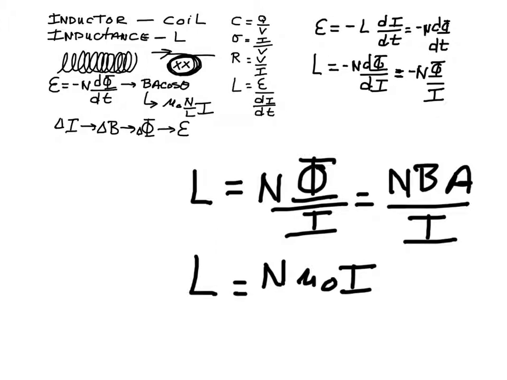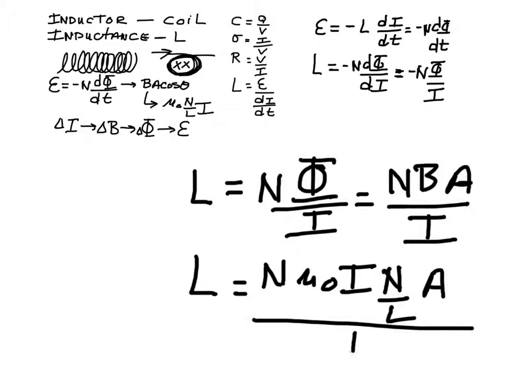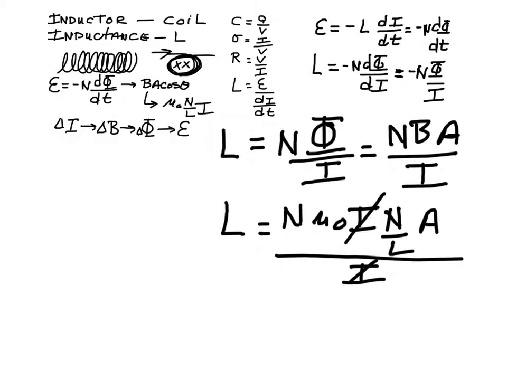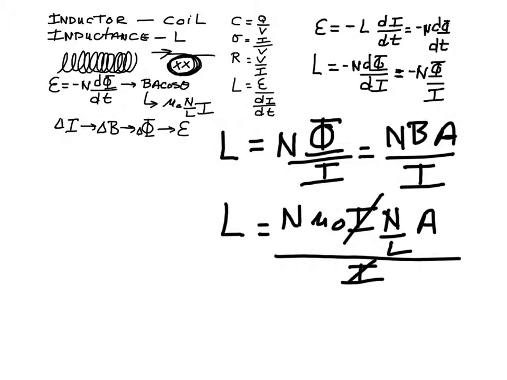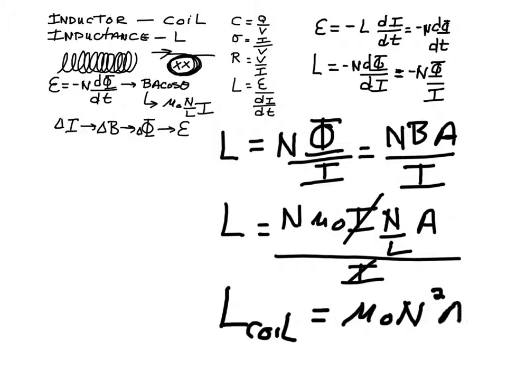Mu naught I N over L, times A, all over I. So the I's cancel, and simplifying this one step further, doing the algebra, we get that L for a simple coil is simply going to be mu naught N squared A over L. So now we know how to calculate what the inductance of any simple coil is going to be from its geometry and its characteristics.